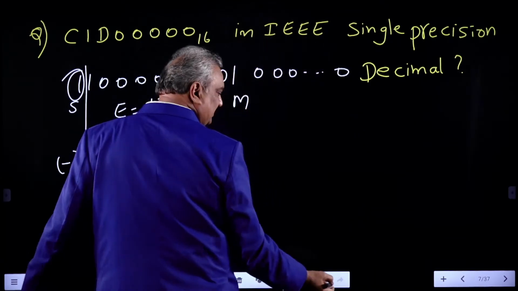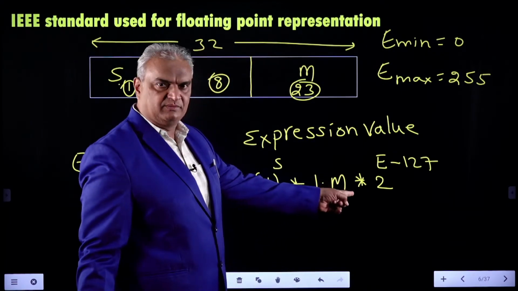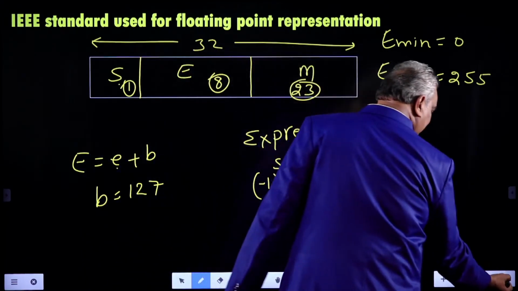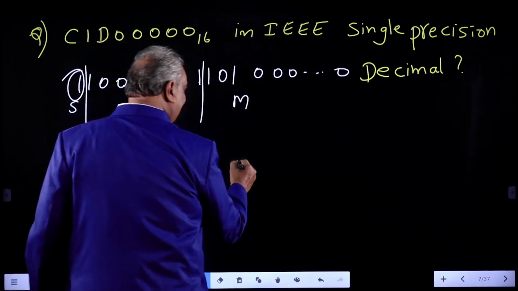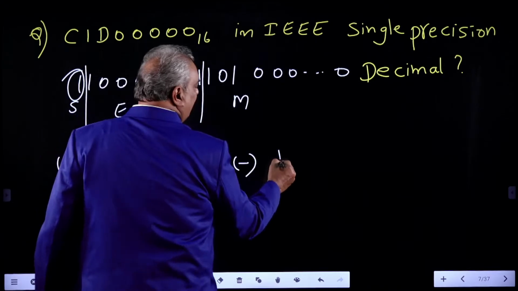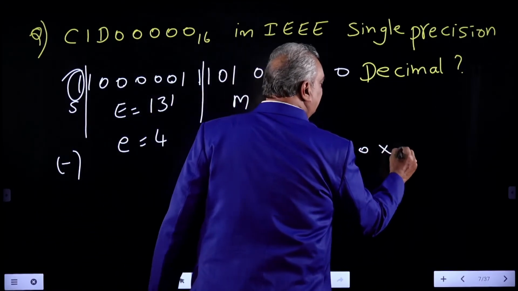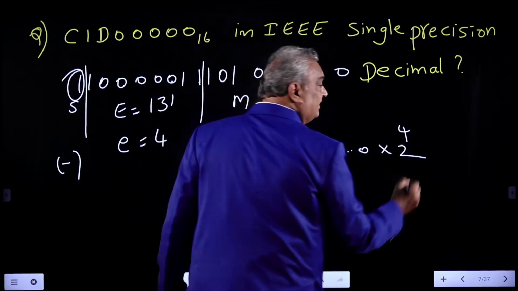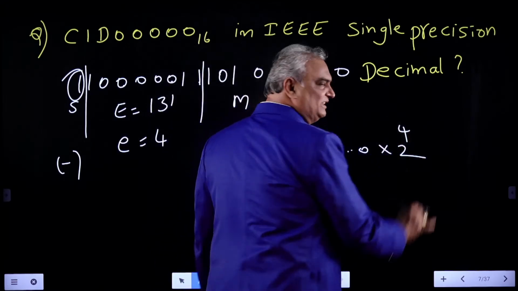Then according to the expression value, look here. Already I told the expression value. From this, (-1)^S means minus. Next, 1.1010 remaining all zeros into 2^4. When it is 0, then what happens? There is no need to compute this value.